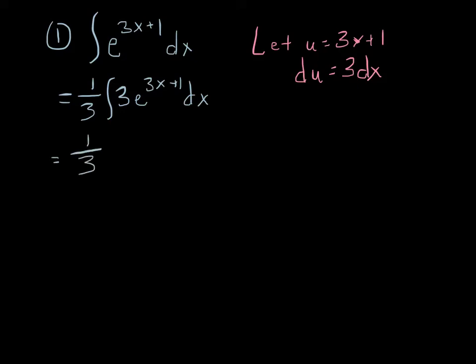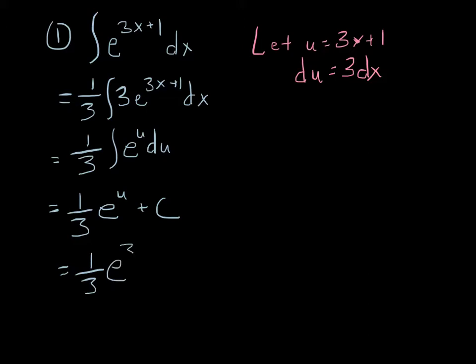Once we substitute, we're going to get e to the u du, and the integral of e to the u is e to the u. So that's 1/3 e to the 3x plus 1 plus c.